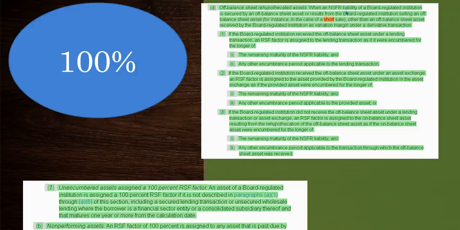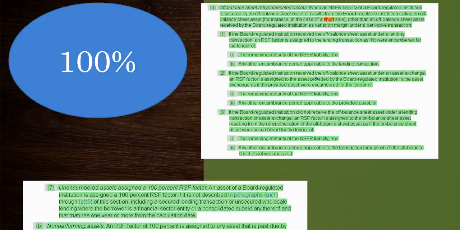When an NSFR liability of a board-regulated institution is secured by an off-balance sheet asset or results from the board-regulated institution selling an off-balance sheet asset, for instance, in the case of a short sale, other than off-balance sheet asset received by the board institution as variation margin under a derivative transaction.